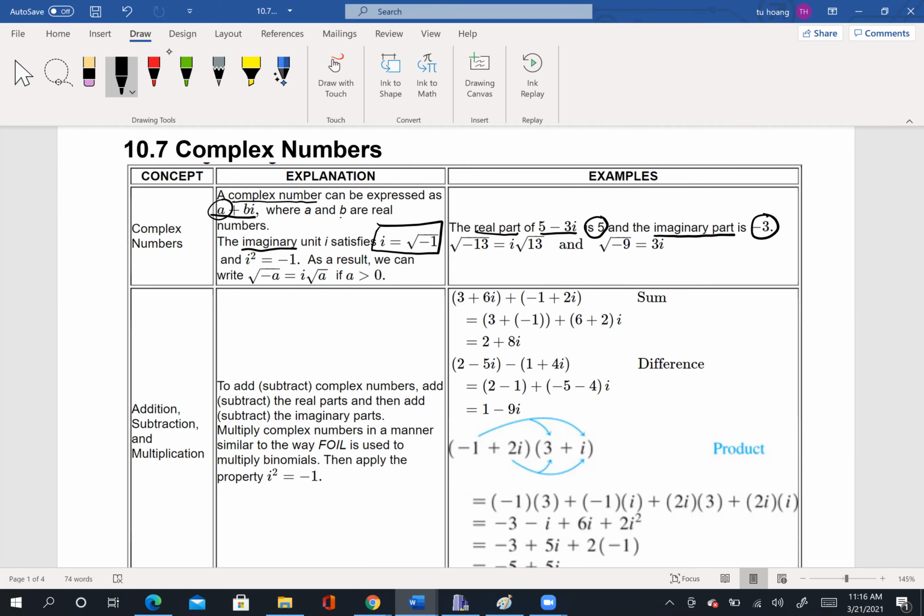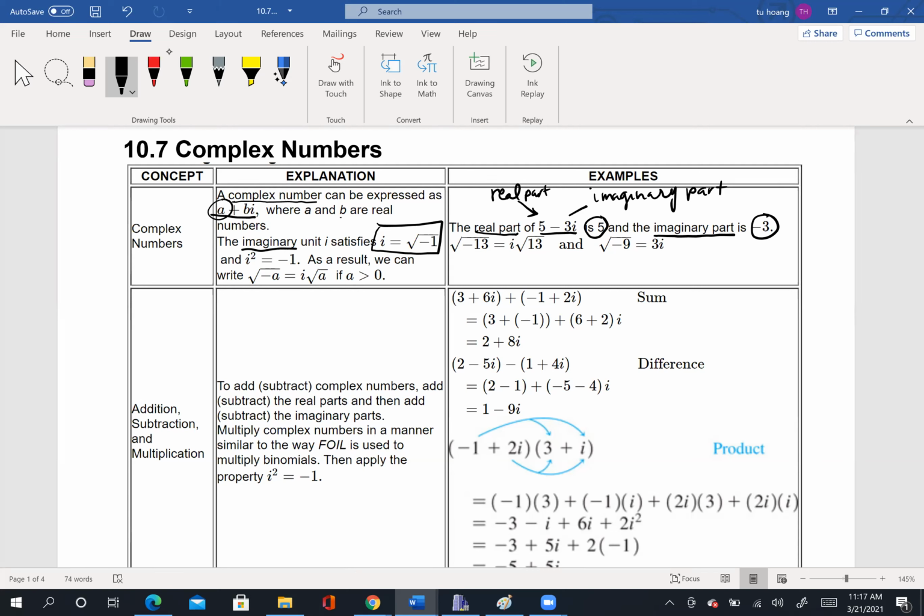See that? So again, the number 5 is the real part, and negative 3 is the imaginary part.